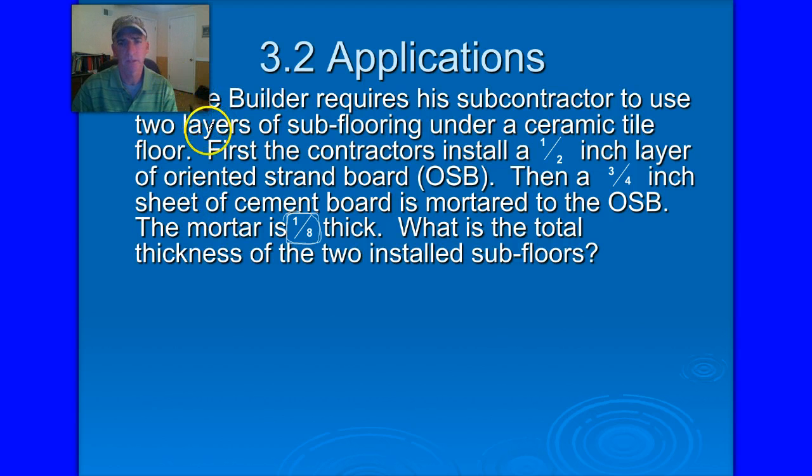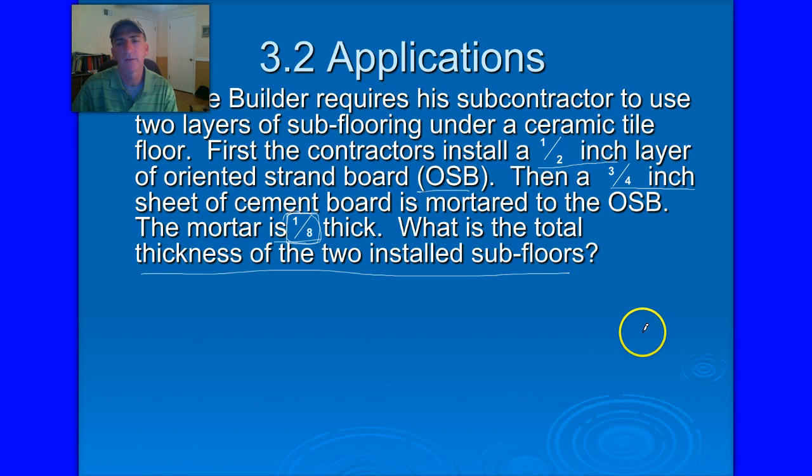So long story short, Math the builder requires a subcontractor to use 2 layers of subflooring under a ceramic tile. They have to install a 1/2-inch layer of this thing called OSB, then a 1/4-inch sheet of cement board, and then mortar it, 1/8. So it says, what is the total thickness of the installed floors?